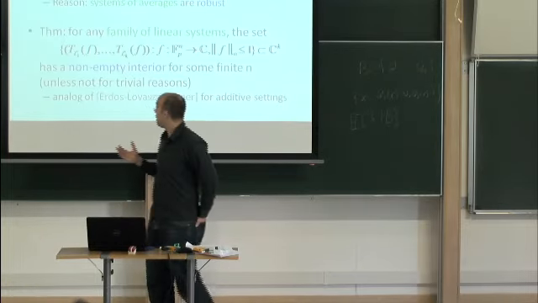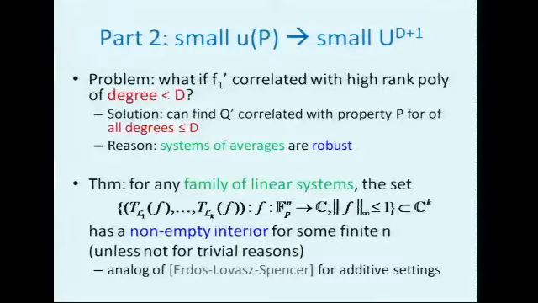We need the following thing, about linear averages. If I give you any bunch of local averages and I evaluate them on some bounded functions, then I can always find some fixed constant n such that this set has some interior. So you can take anything and move it slightly and still be fine. That's a crucial point in pushing these polynomials to be of lower degree.